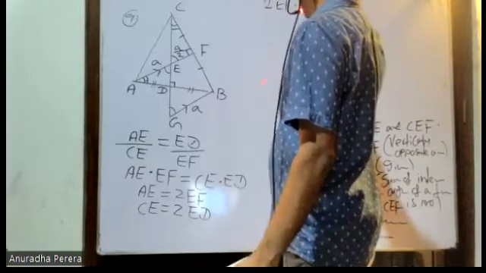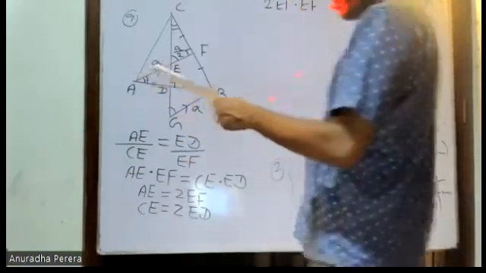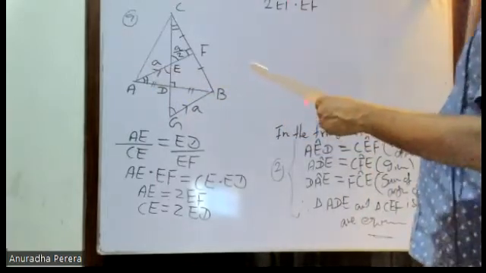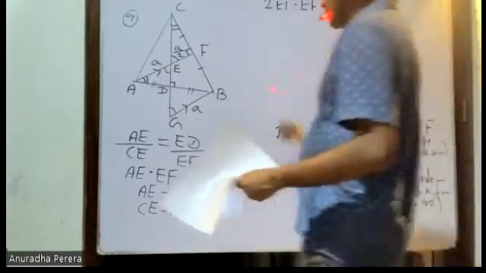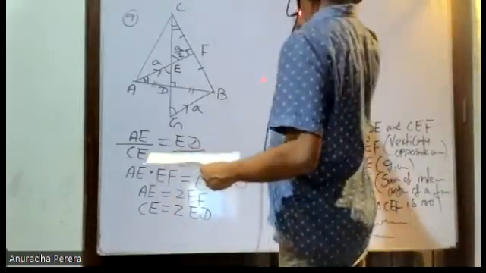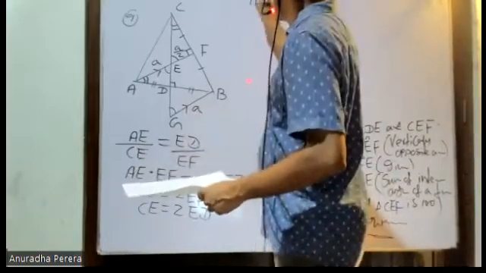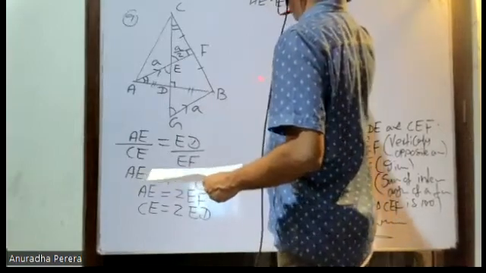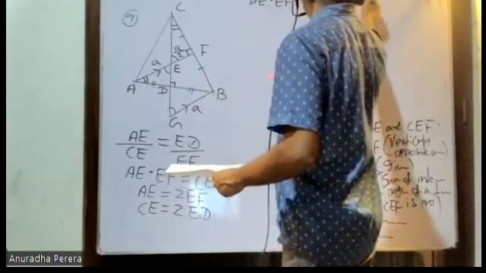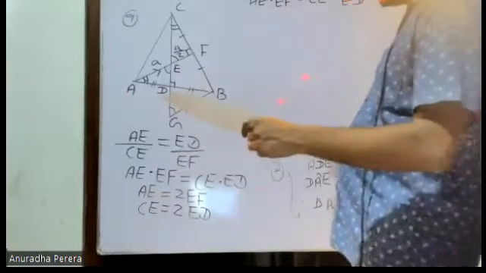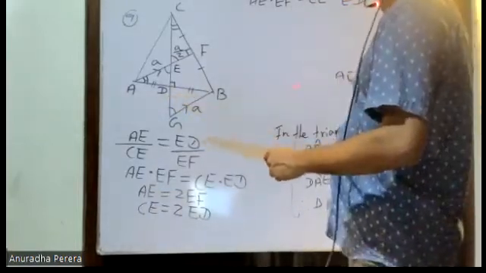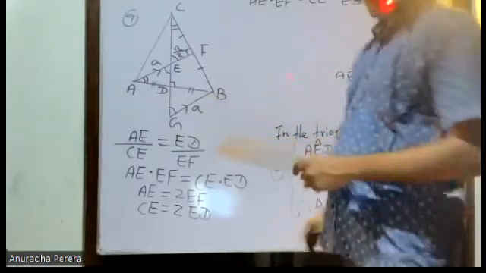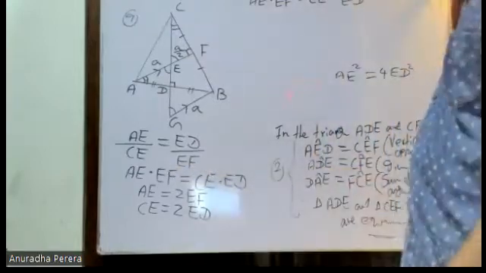Right? Let's substitute. AE, EF, CE, ED. Then look at both. What is the answer we need? AE squared equals 4ED squared.